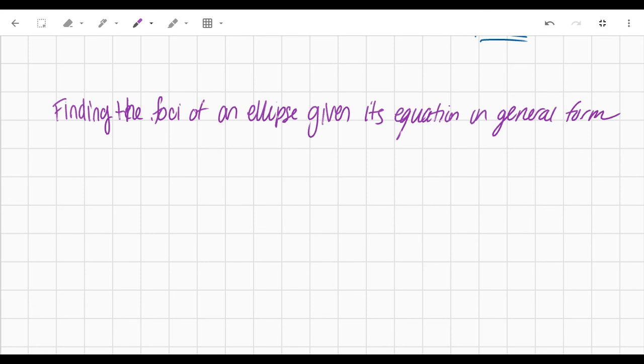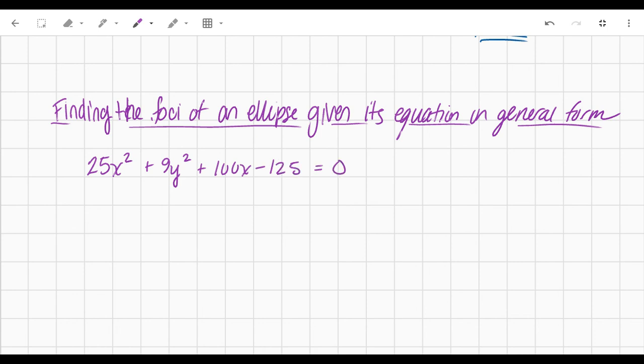So we're going to go through our completing the square process again to figure out what A and B are, and then we're going to figure out what C is. The example that they give us here is 25x squared plus 9y squared plus 100x minus 125 equals 0.